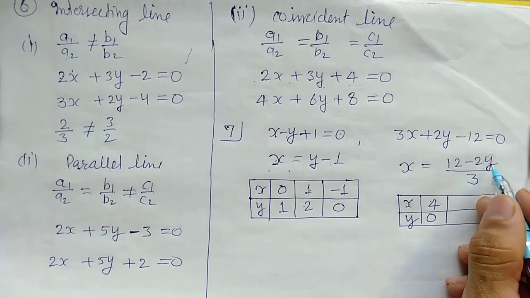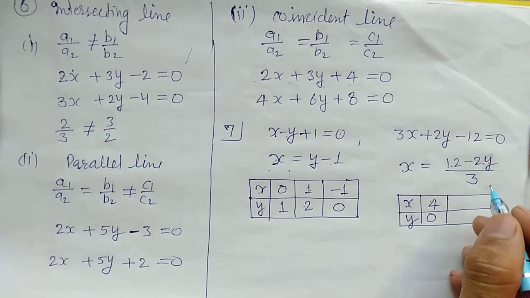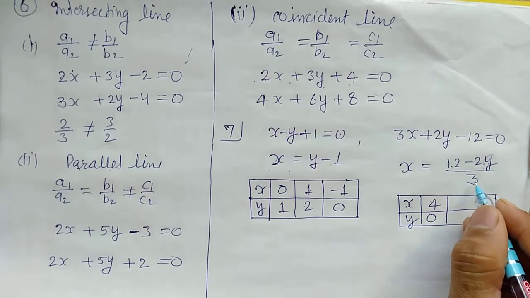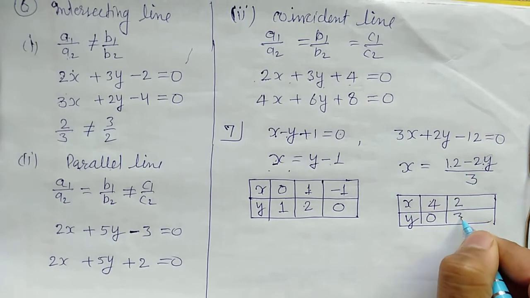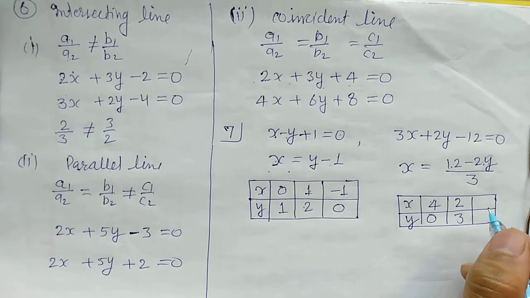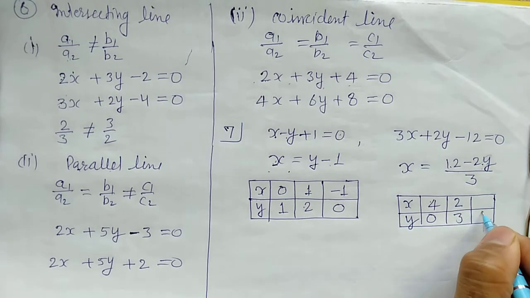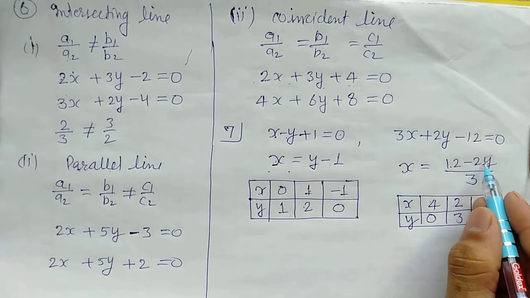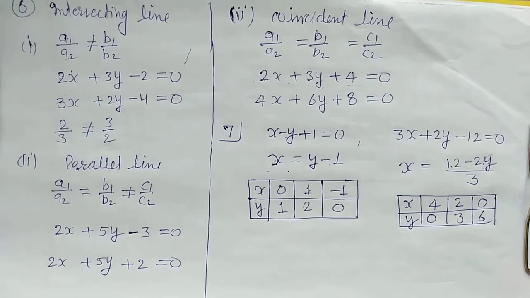If I take y equal to 3, 3 2s are 6, 12 minus 6 equals 6, and 6 divided by 3 equals 2. It means 2 and here 3. Last one, if I take y equals 6, 6 2s are 12, 12 minus 12 equals 0. So here 0 will come. Now we have 3 points.